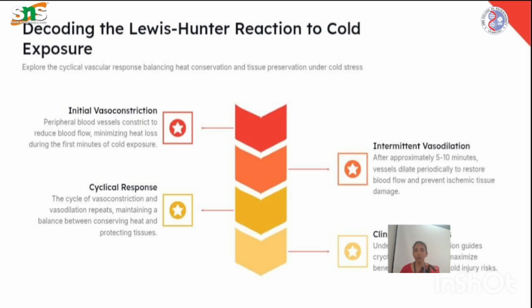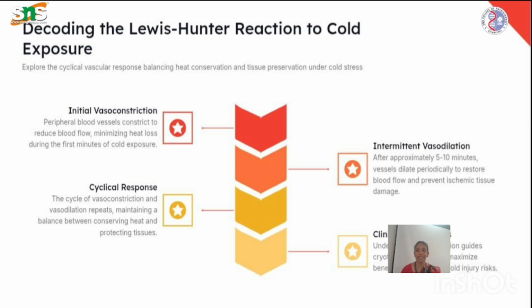Now to decode the Lewis-Hunting reaction, the cold response. After application of cryotherapy, initially there will be vasoconstriction at the tissue. The next is the cyclical response. The cyclical response involves vasoconstriction followed by vasodilatation, happening in a repeated way.